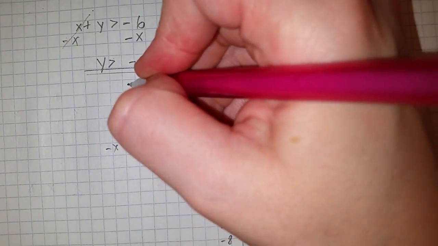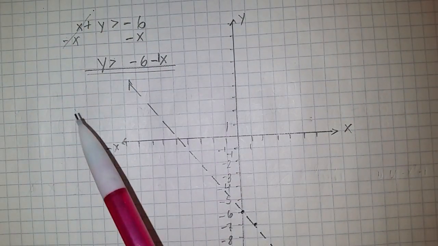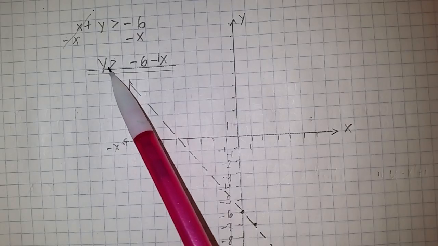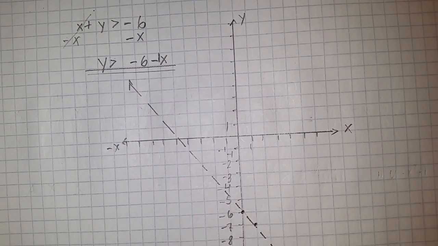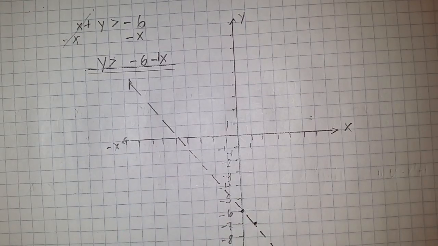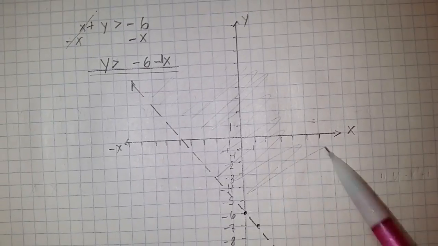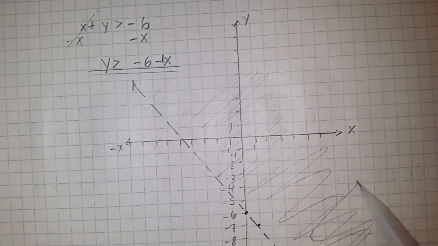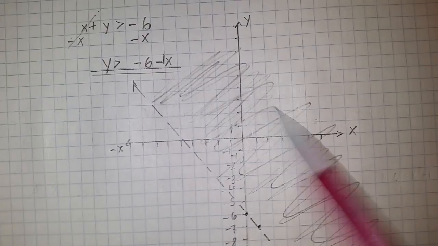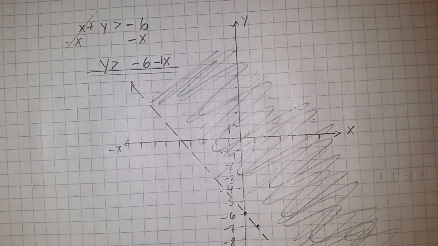Make sure you put your arrows at the end. And since my inequality says greater than, that means when the crocodile is eating the y variable, I need to shade above. So anything above this line right here needs to be shaded. It doesn't have to be super neat, as long as you indicate where you're shading.